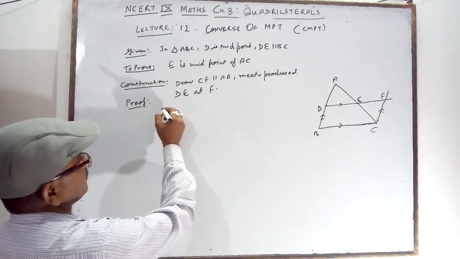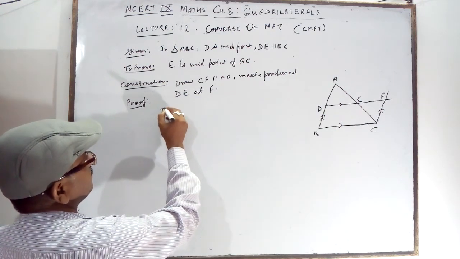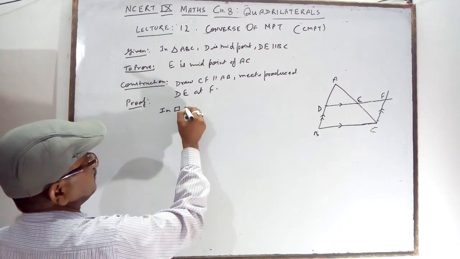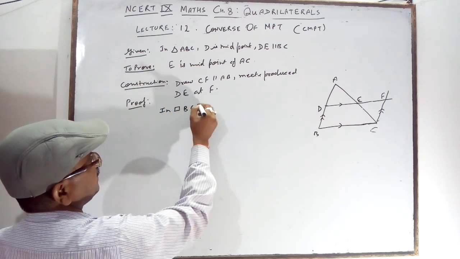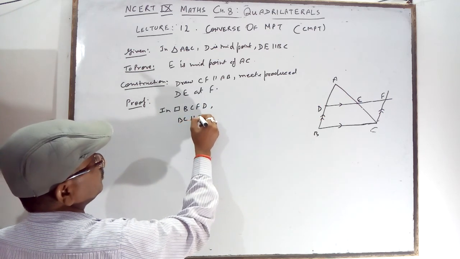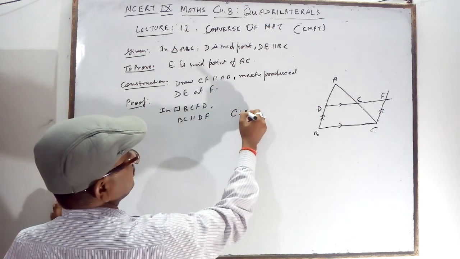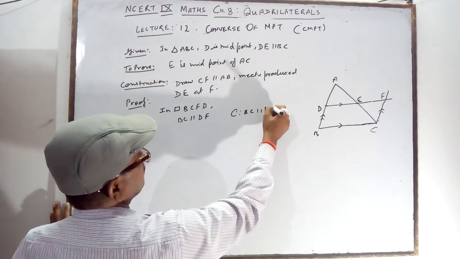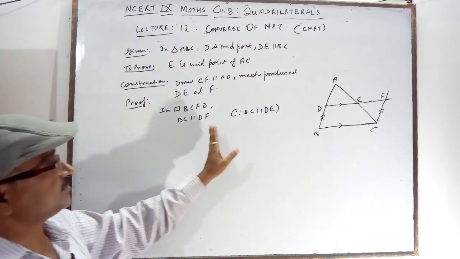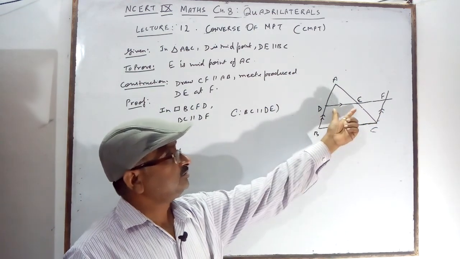So, in quadrilateral BCFD, BC is parallel to DF. Why? Because BC is parallel to DE, and DE is produced to meet F. So BC is parallel to DF.